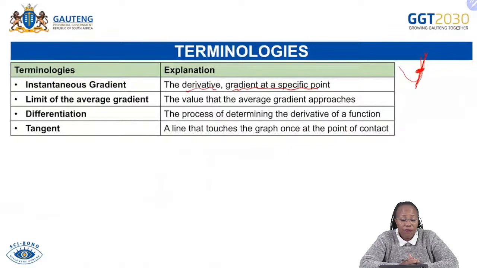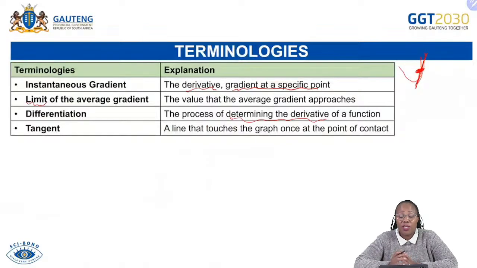And the limit of the average gradient is the value that the average gradient approaches. So we are limiting. Remember on the previous one, we said h approaching 0. To approach, you are becoming very close to a certain point. That means the limit of the average gradient is the value that the average gradient is approaching. And then differentiation is the process of determining the derivative of a function.